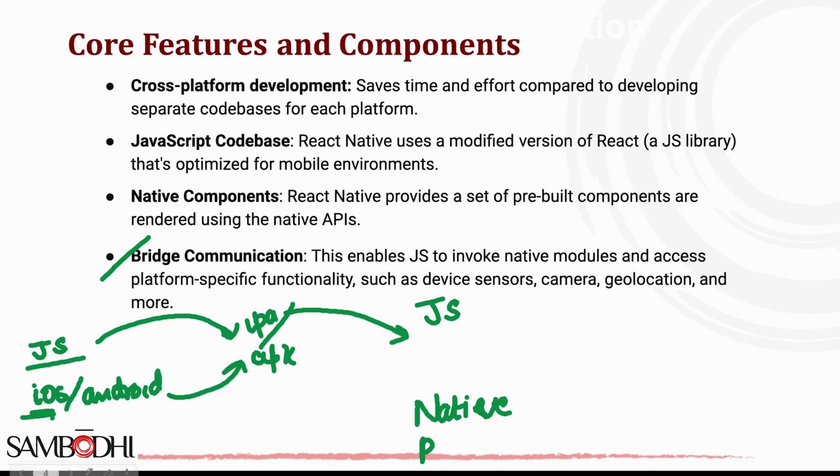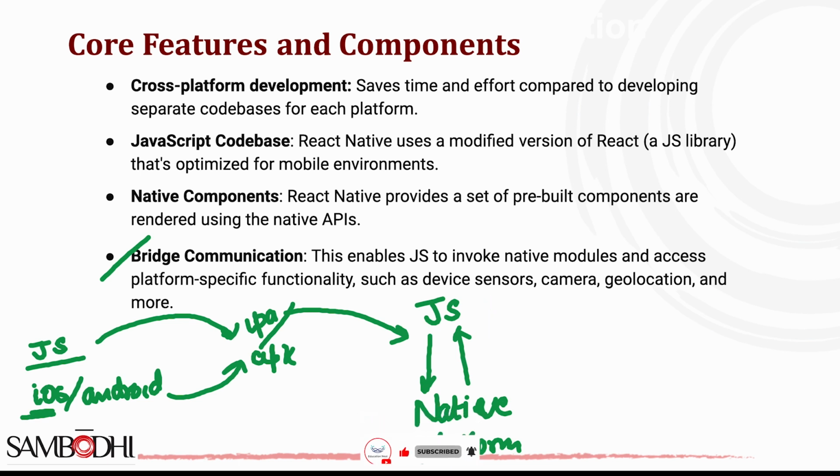Whatever is available on the native side, the native platform will handle, and the JavaScript side will be handled by the JavaScript engine on the platform. Now, in this single application, both of these need to talk to each other, send some data, some logic, some responses.